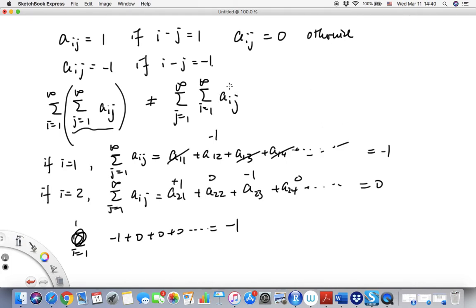Now how about the thing on the right-hand side? Let's see, we first evaluate the sum of a_ij over i from 1 to infinity.